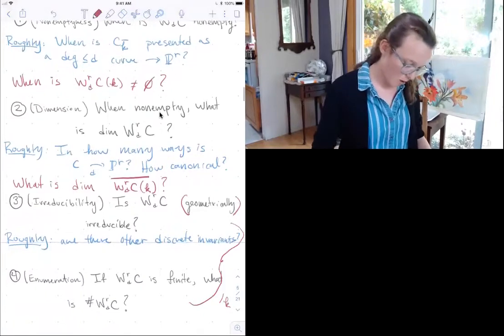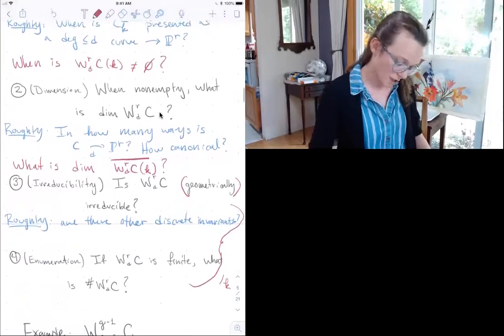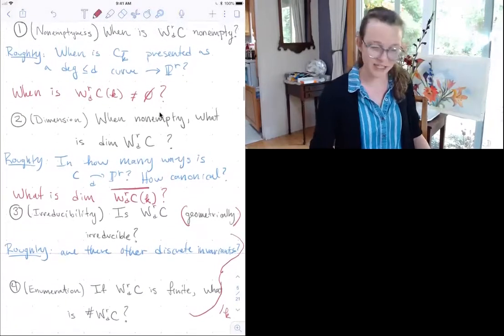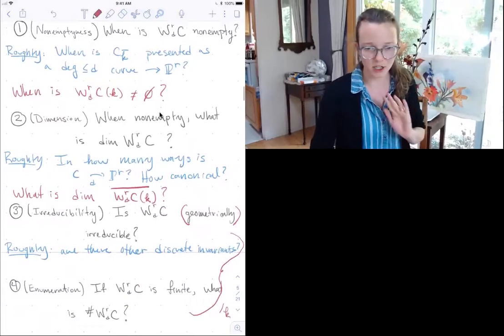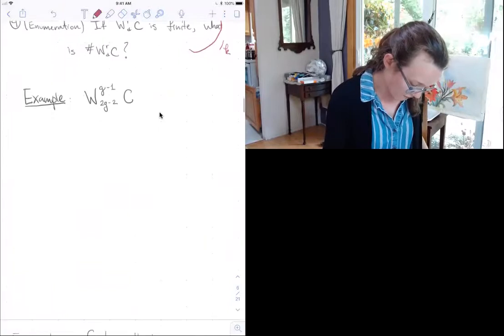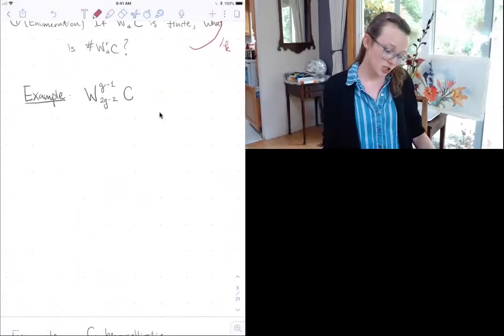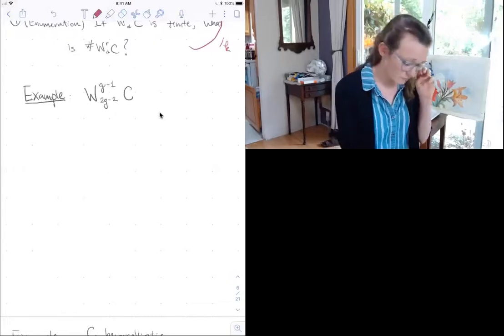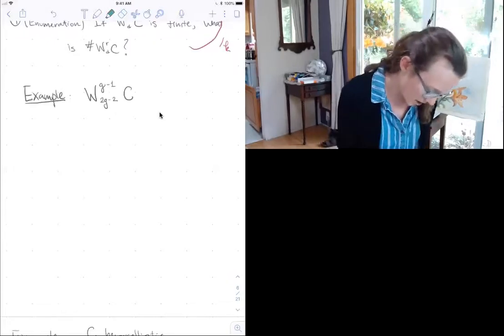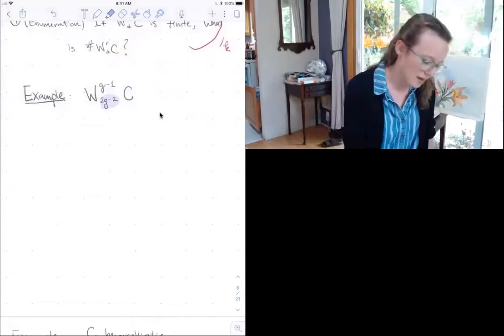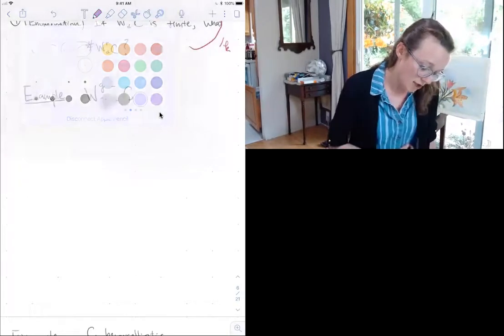Okay, so I'm going to refer back to these questions throughout the talk. In general, they're very hard, but let's do one example where I can actually answer all of these questions for you. So let's do the example of W^{G-1}_{2G-2} of the curve. Recall that 2G minus 2 is the degree, so we're looking at line bundles of degree 2G minus 2.